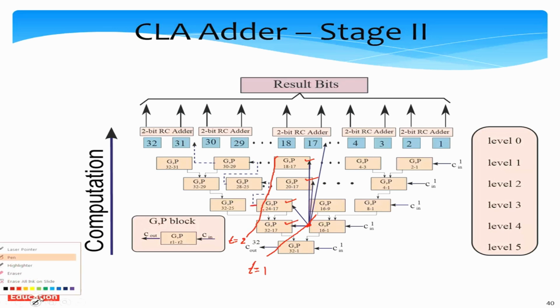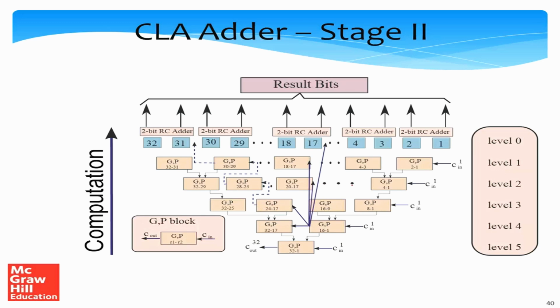So let's again erase the ink. At t equal to 0 we are here, pretty much at the very beginning. At t equal to 1 we know the carry out at this point. And similarly for other points, I'm just showing one particular path.